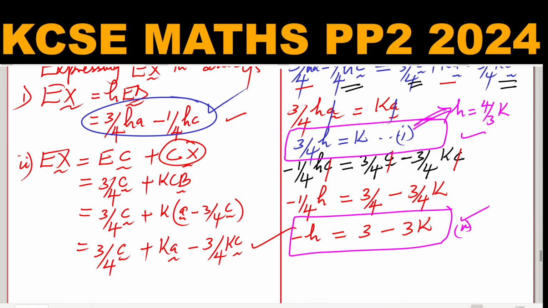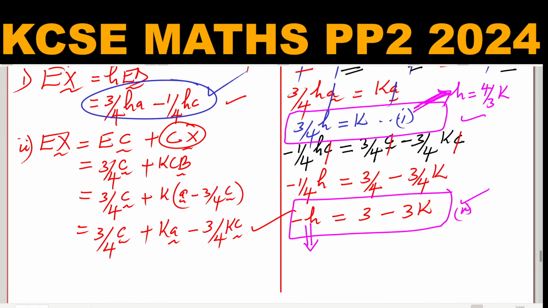So from these, I can substitute that in this equation here: negative h is 4 over 3k, equal to 3 minus 3k.